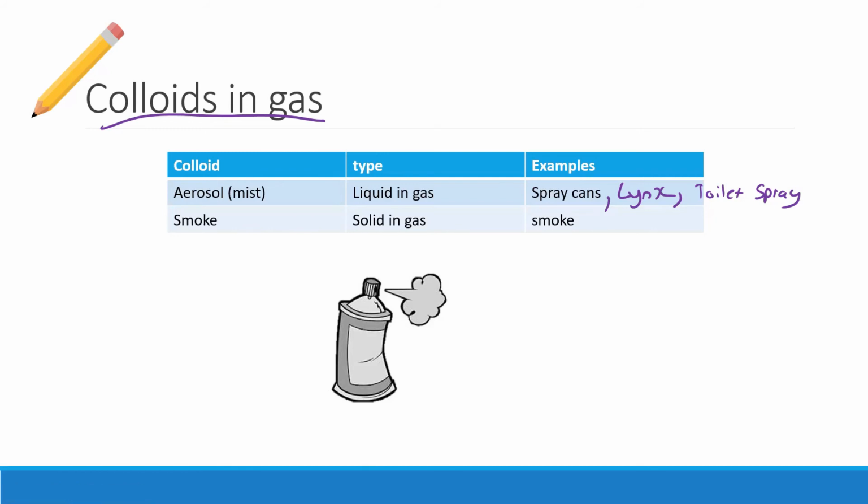Smoke is another example. I've already talked about smoke, but smoke is a solid in a gas. Let me look up online if there are any other examples of solids in a gas. I think smoke is the only one there.